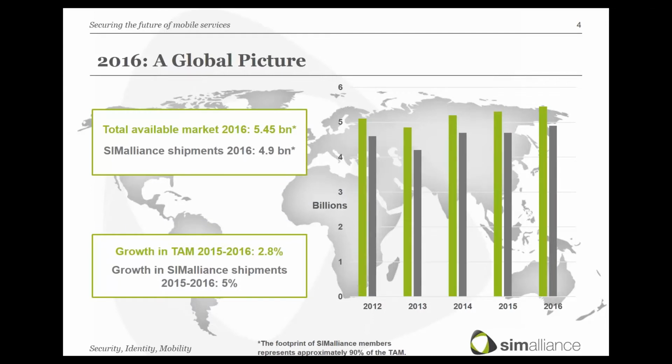This is for the good of SimAlliance members that are, as said, very often and mostly globally active. And they can then, if they enter markets like, for example, India, which is one of the most prominent markets that has moved recently to Java, profit from their experience and know-how of their global shipments in other markets.